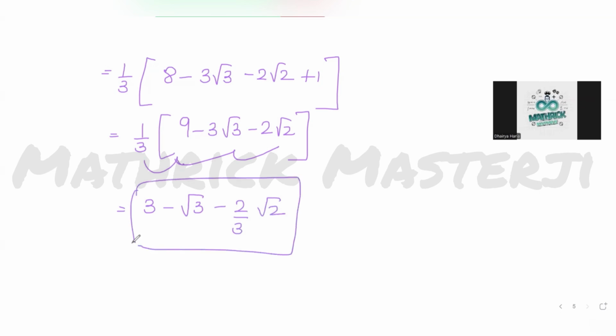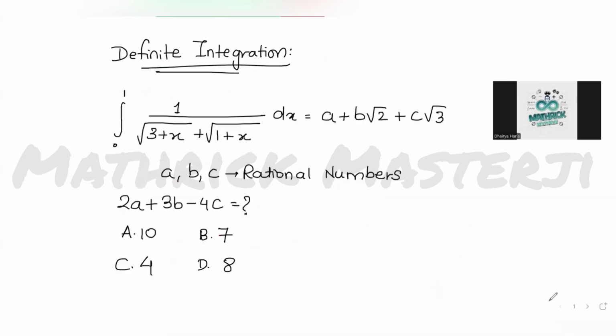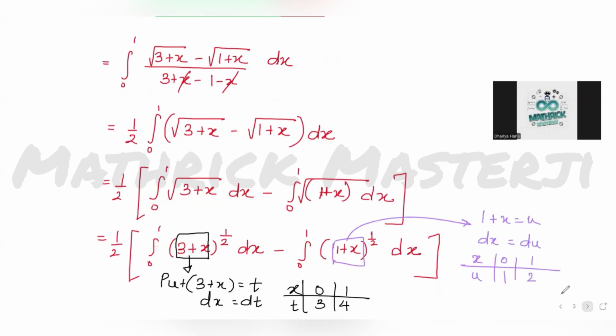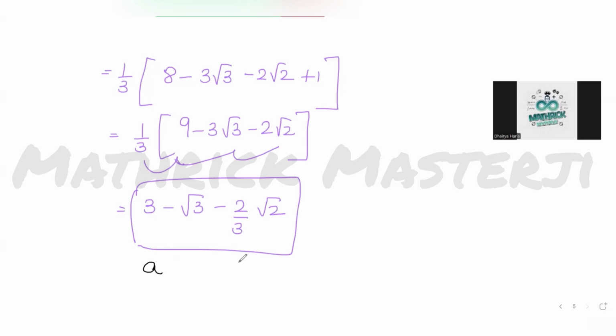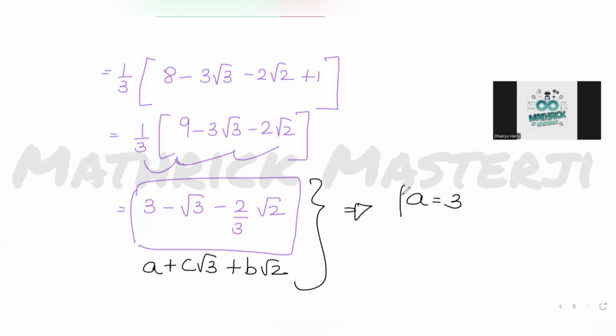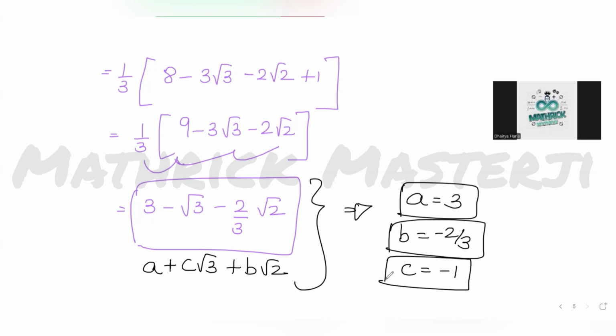So I have this answer for the integral, and if I compare it with the question given, it said a plus b root 2 plus c root 3. Comparing both, I get a is 3, b is negative 2 over 3, and c is minus 1.